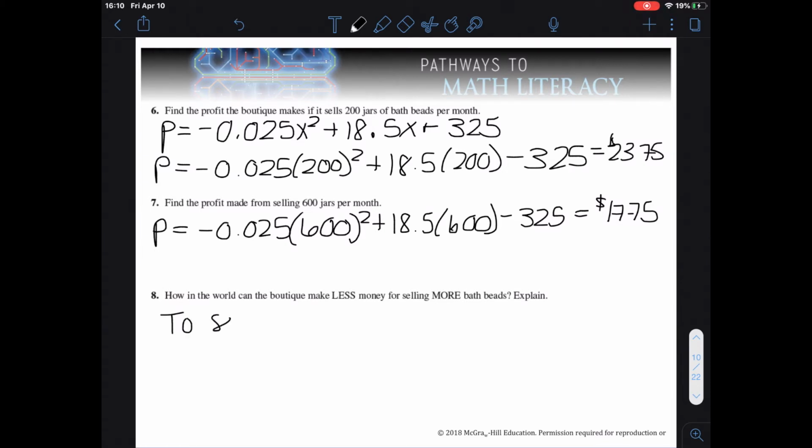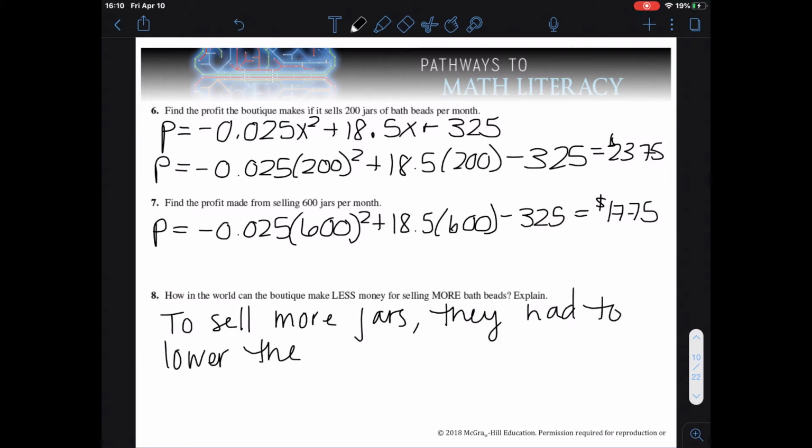So to sell more jars, they had to lower the price per jar. So remember, we had to lower the price from $12 to $10 just to get that $80 increase. So if I'm selling 200 versus 600, I'm going to get a lot less per jar from the 600.